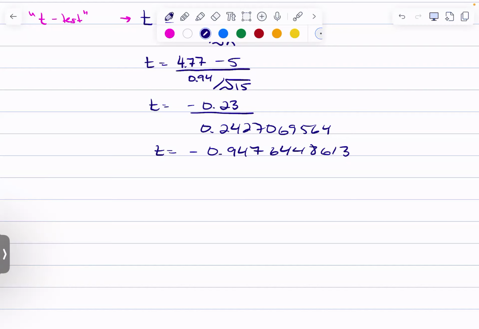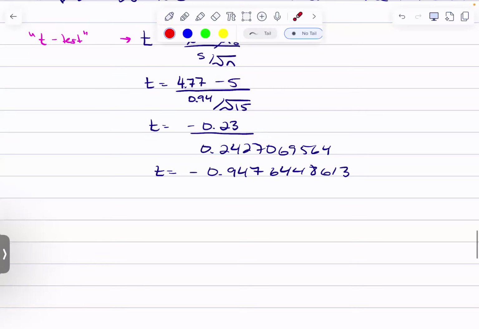This is a good thing. This is not very far away, right? What is this saying? This is saying that 4.77 is 0.948, let's say, standard errors below 5. Not very far.